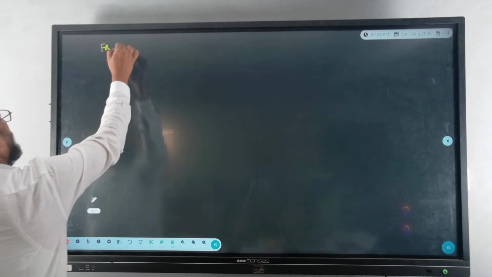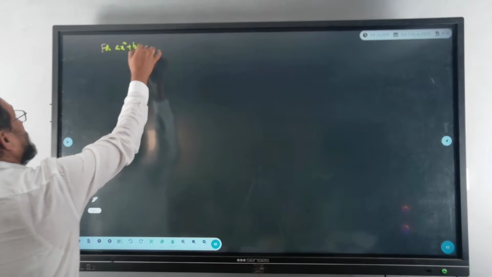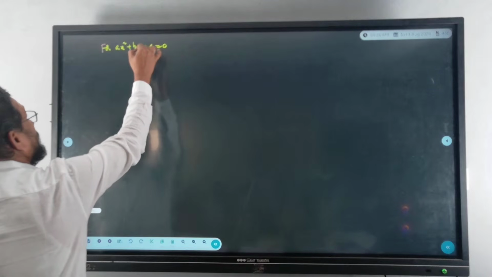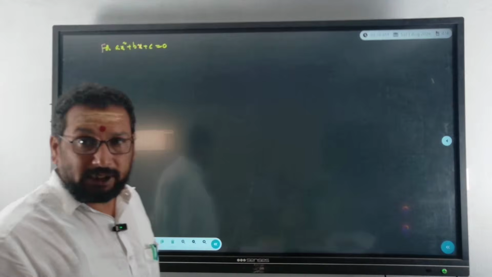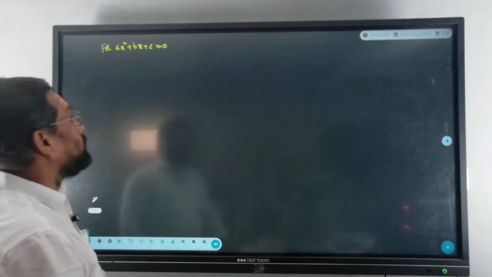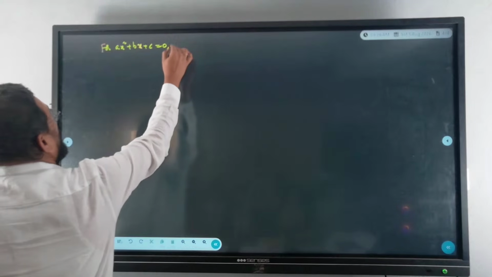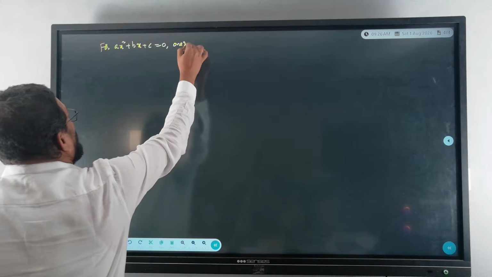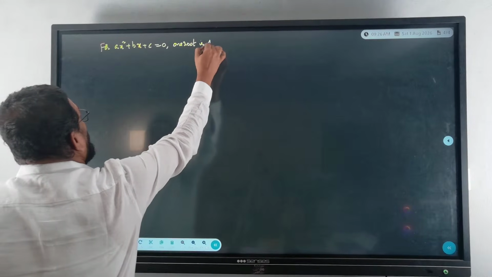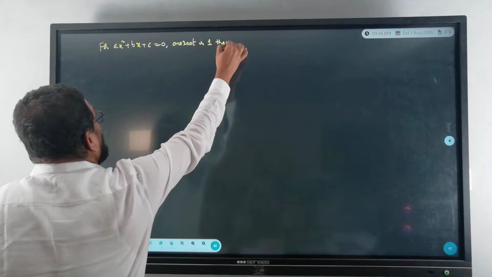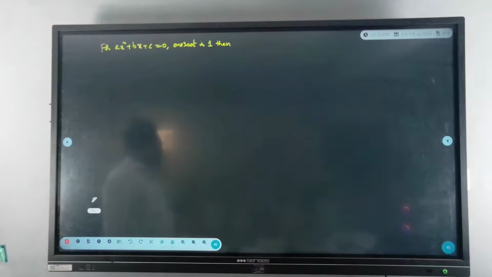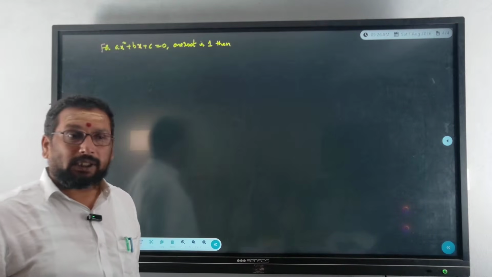For ax square plus bx plus c is equal to 0, if one root is 1, then what are the conditions?